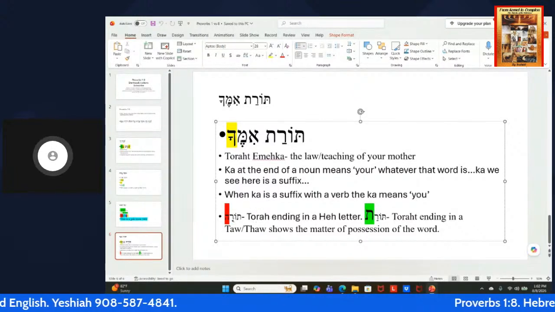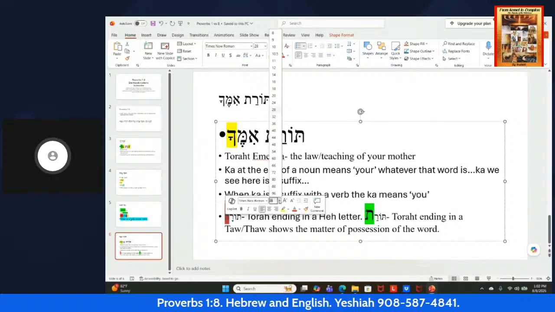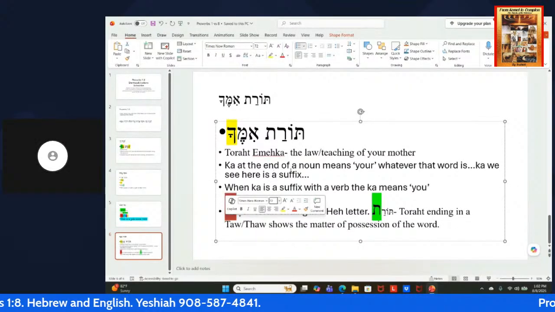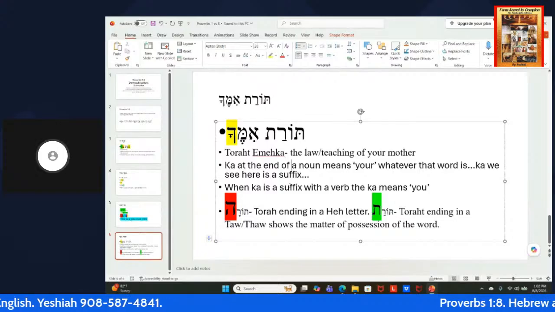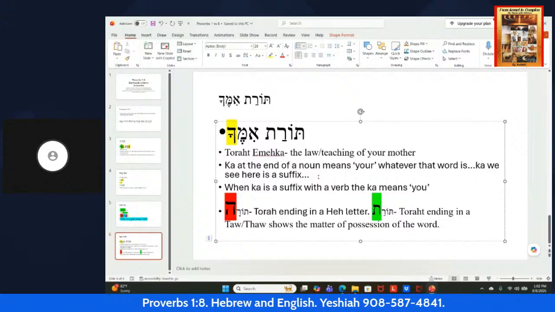But nonetheless, family, now if we are looking at this, right? Bold, not bold. And if we were to enlarge what we see there in the red, that hey turns into a tau when showing the possession. Torah, meaning law, in certain cases by people.